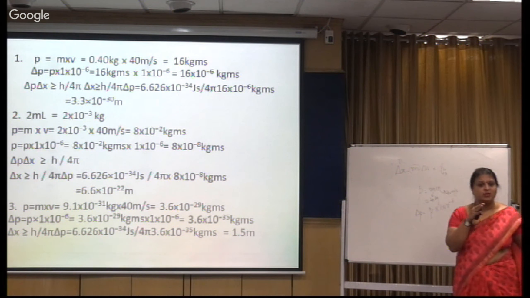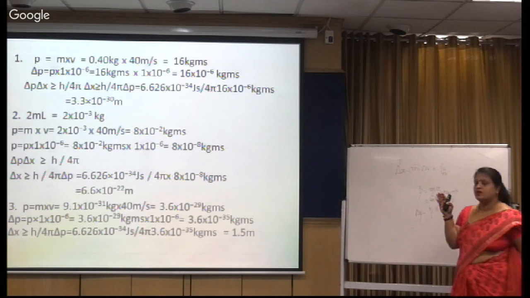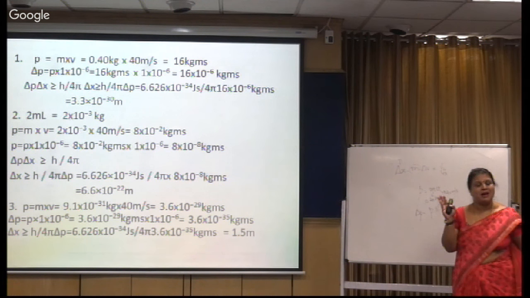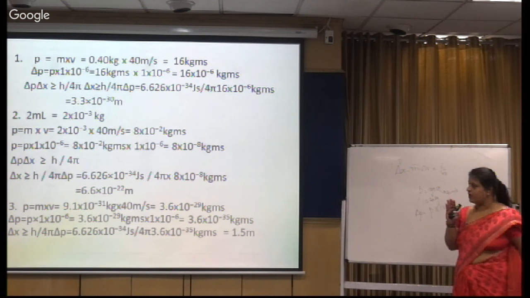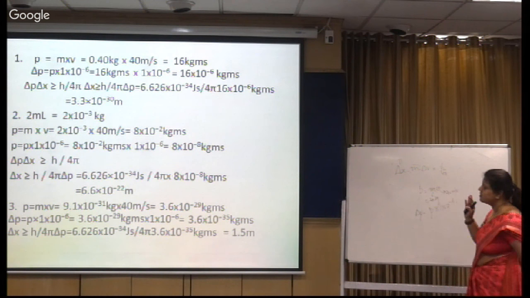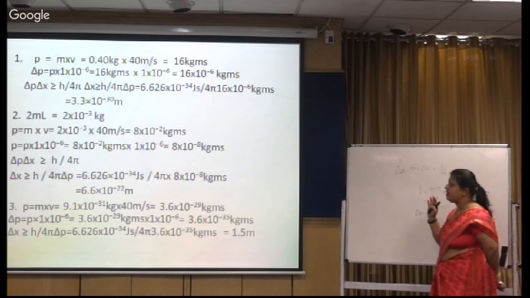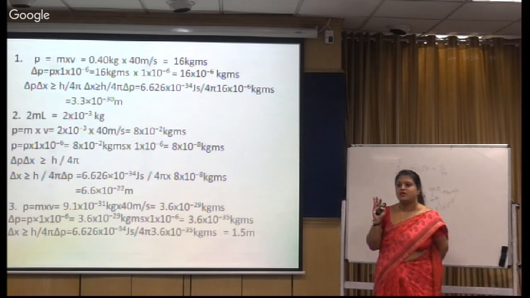Mass is getting reduced. Now it has become 2 into 10 to the power minus 3 kg. But still, it is a macroscopic object like football. Still, it can be seen by a naked eye. Uncertainty in position is of the order of 10 to the power minus 22 meters.